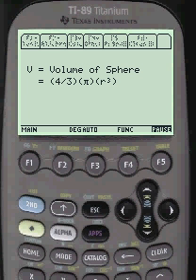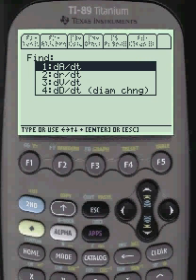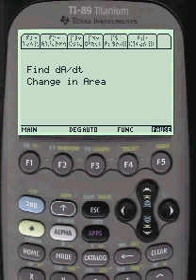There's the formula for the volume of the sphere, which is interesting. We're asked to find the area, how it's changing. So we're going to choose number 1 there.